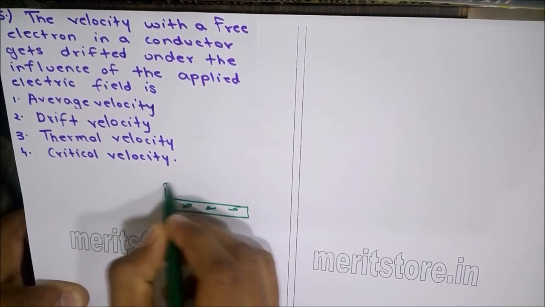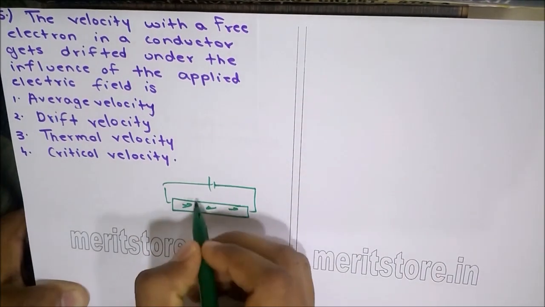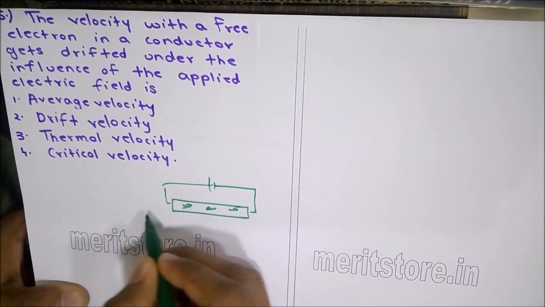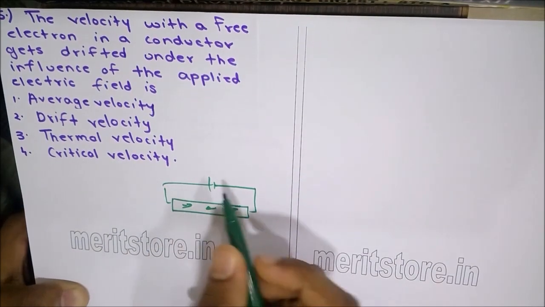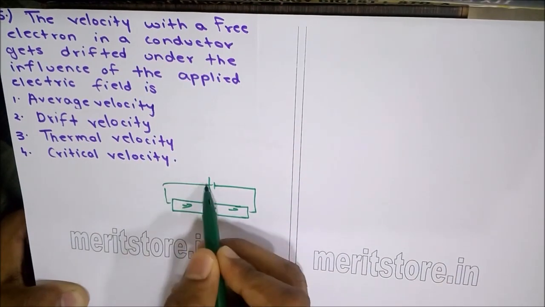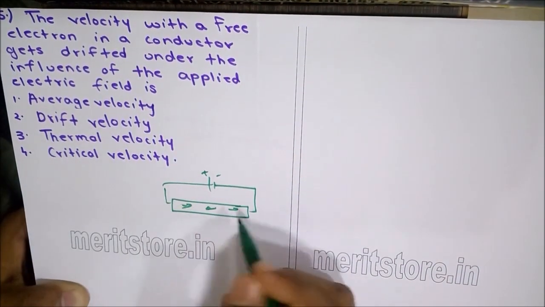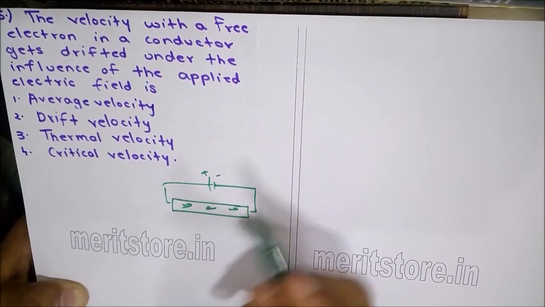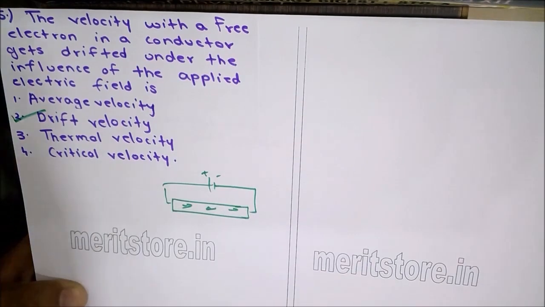But when a potential difference is applied across the terminals, an EMF is generated, an electric field is generated, and hence all the negative electrons start flowing towards the positive terminal of the battery. This flow of electrons is known as drift velocity. Hence option 2 is the correct answer.